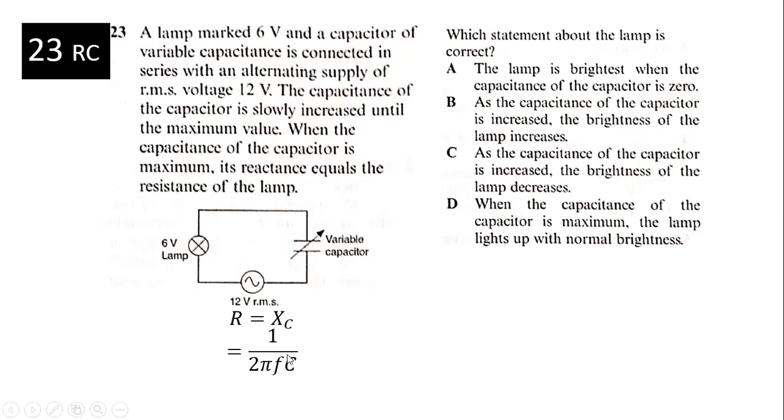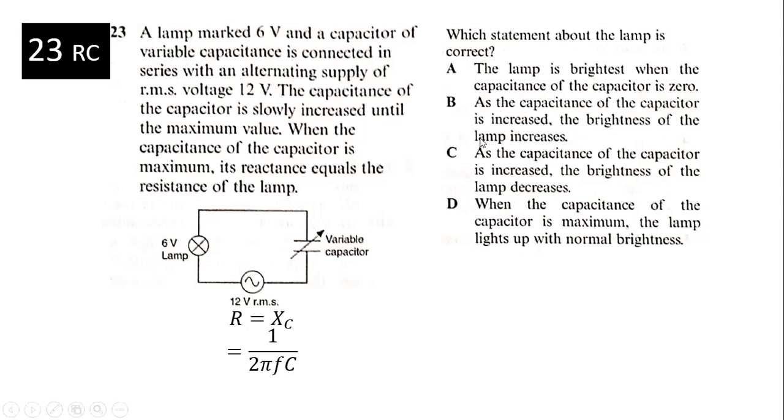That's your XC, 1 over 2 pi FC. So the lamp is brightest when the capacitance is 0. If the capacitance is 0, your XC is going to be infinite. So it cannot be brightest, and it doesn't allow current to pass through.